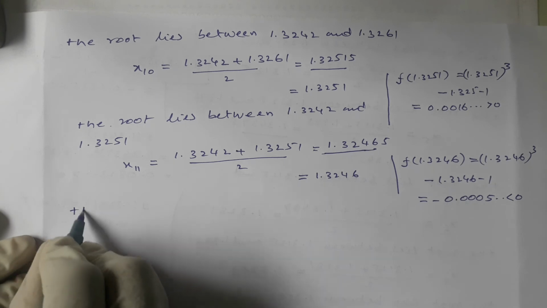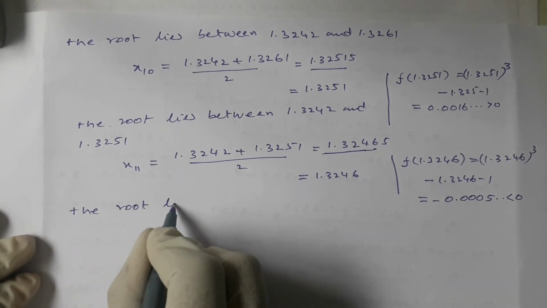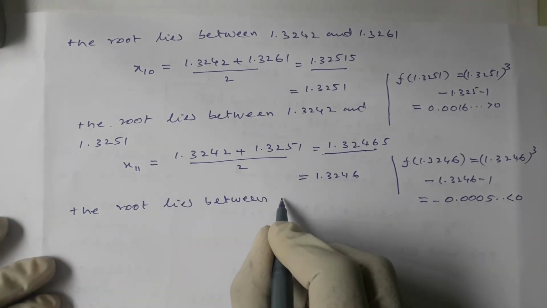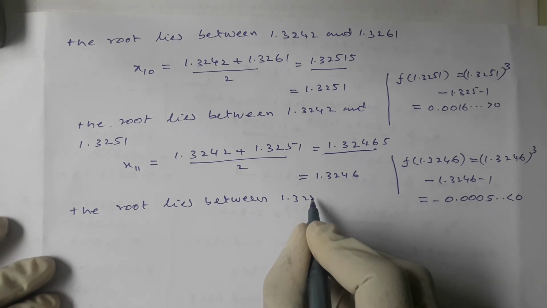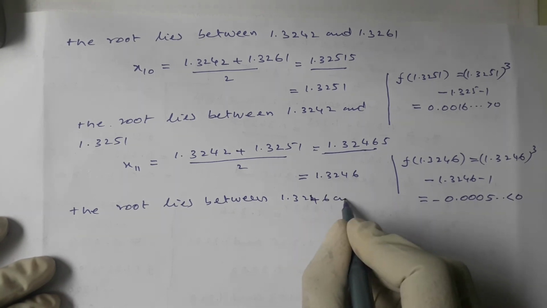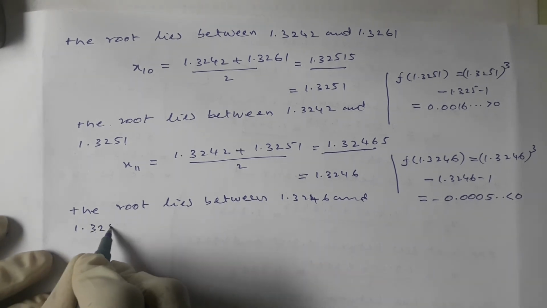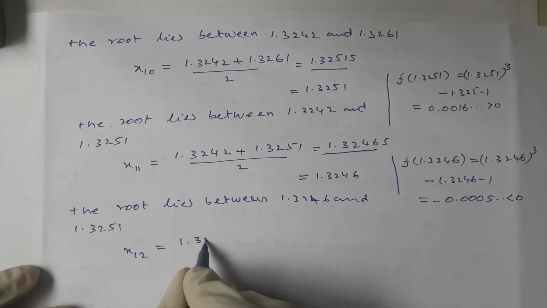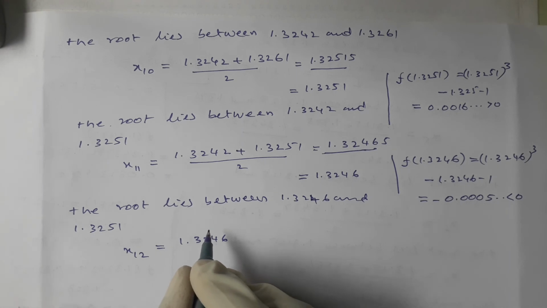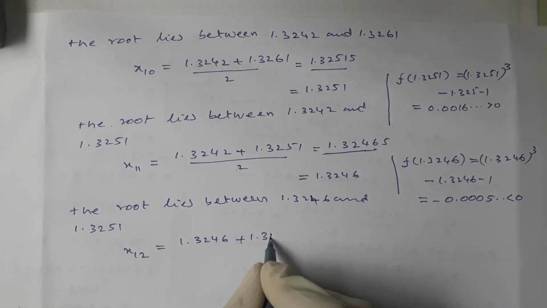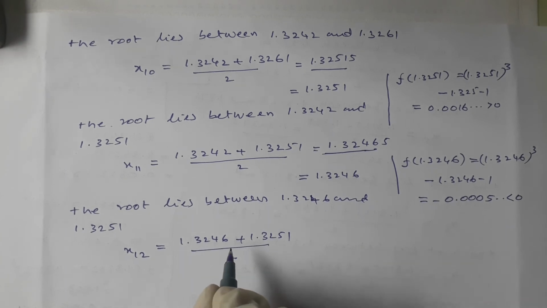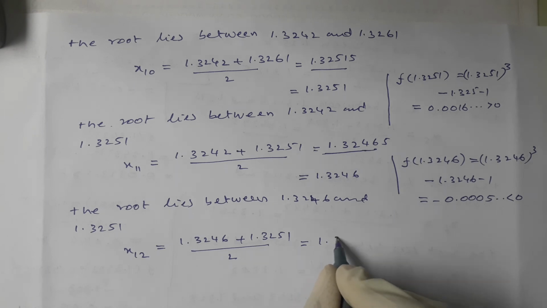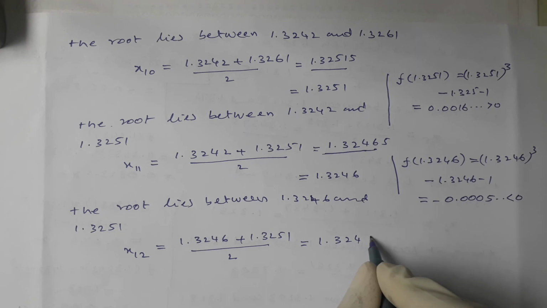The root lies between 1.3246 and 1.3251. x12 is equal to 1.3246 plus 1.3251 divided by 2, which is 1.32485.